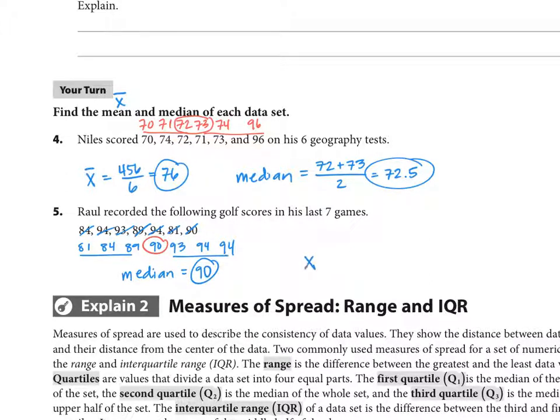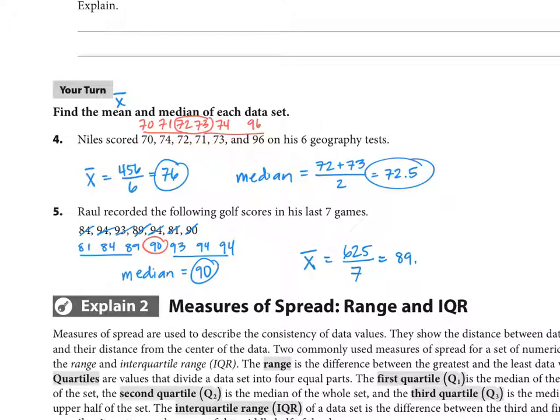And my mean, again, I'm going to use my calculator here. Give me a sec. And when I add them together, I get a total of 625. I'm going to divide that by 7. And I do end up with a decimal. Looks like it goes on for a while, so I'm going to round it.